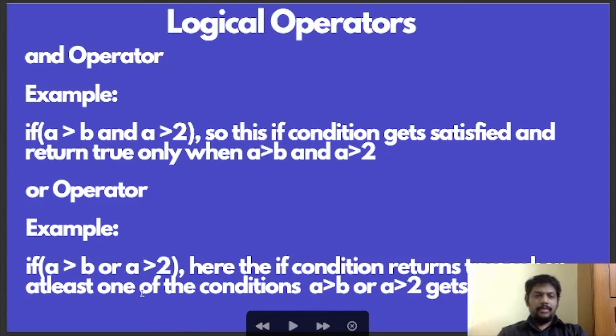In such a case this will still return true, because in OR, even if one of the expressions returns true, that will be enough for the if condition. That means in the case of AND, both the expressions need to be true, but in OR, at least one expression needs to be true.